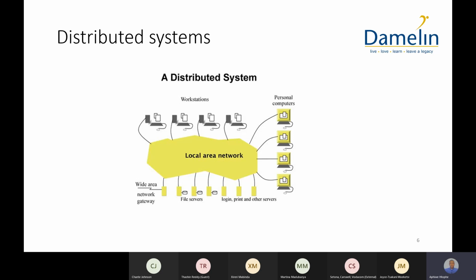But the difference here, as opposed to the typical client-server architecture, is that all of these workstations and personal computers bring about processing power, storage power as well, and built-in memory. So the computers are independent in that sense. They're able to process their own transactions and do their own work. Just imagine if it was the opposite and all of these particular clients were reliant on the server. It would take up a lot of resources and the network may end up being slow.